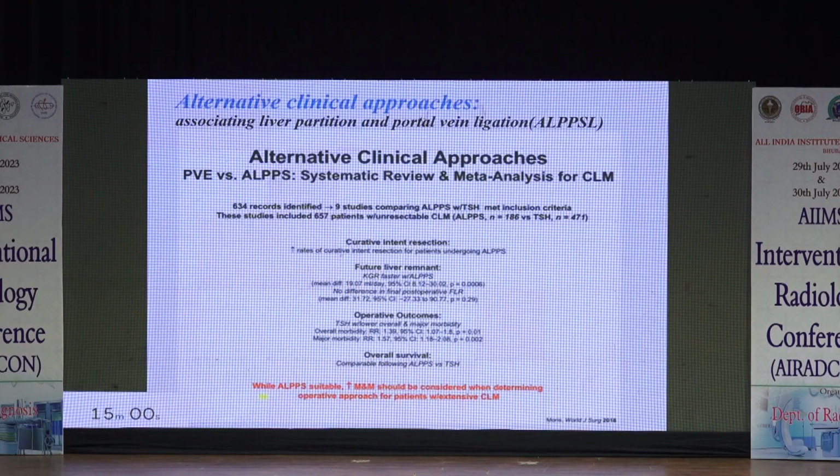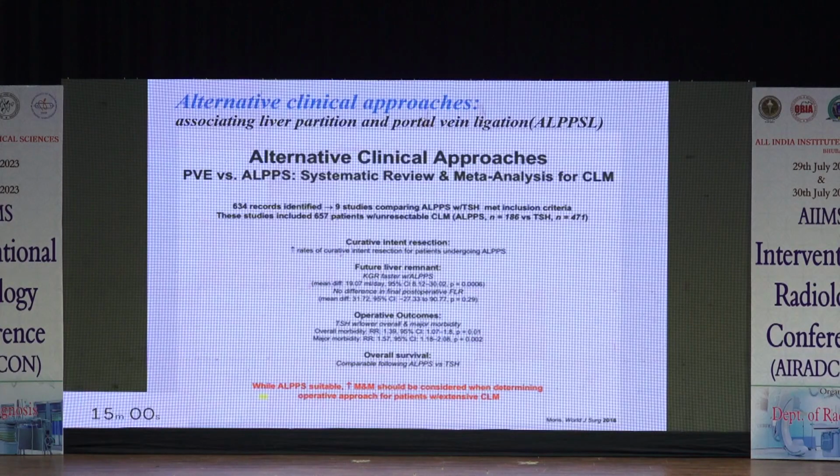But in the centers where I have worked, like you and me, we have never done an ALPPS, because the indication is very limited from a practical perspective. Surgeons who prefer ALPPS will have a low threshold for going in, and those who do not prefer ALPPS will obviously need hepatic venous embolization in addition to portal vein embolization if the FLR is inadequate. So the indication of ALPPS is very subjective, and it is limited to some geographical regions.